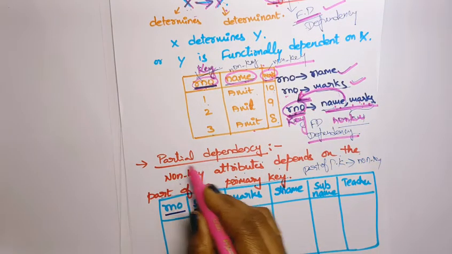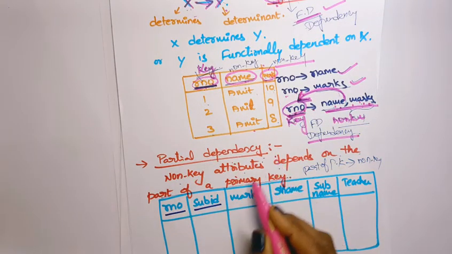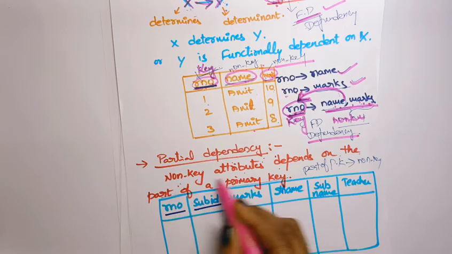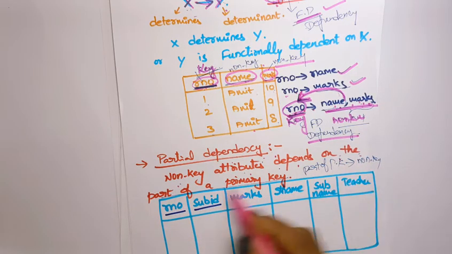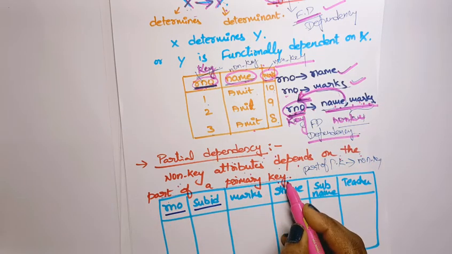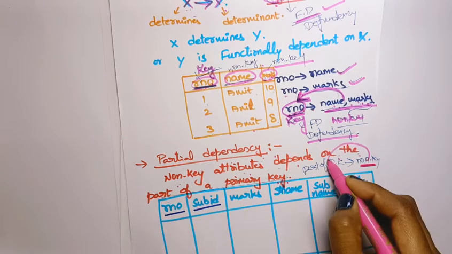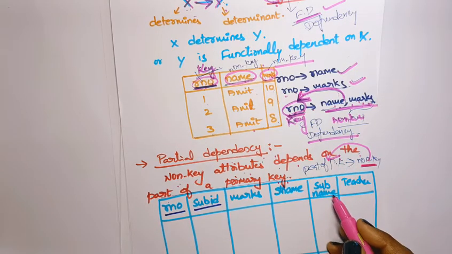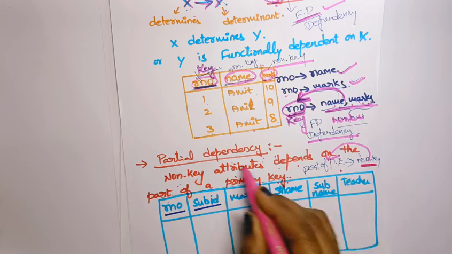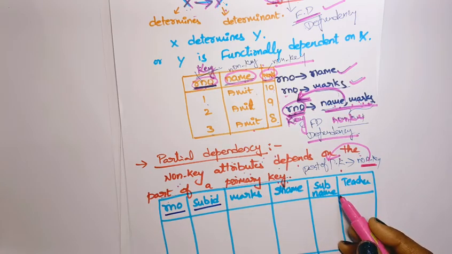Okay, now we will see partial dependency. Partial dependency means non-key attributes depend on part of the primary key. So whenever a non-key attribute depends on part of the primary key, then you can say that that is a partial dependency. So here we will see with one example.